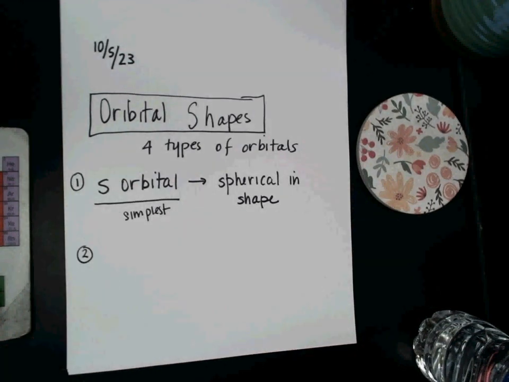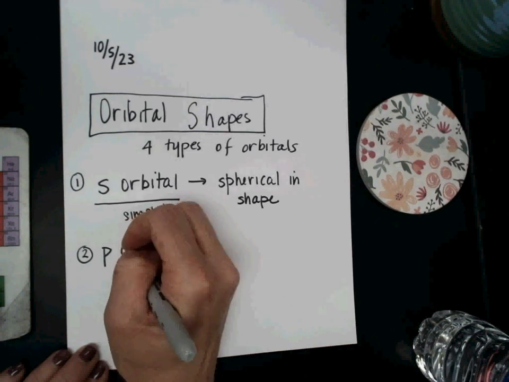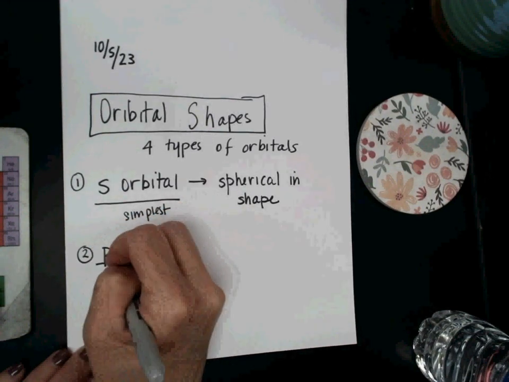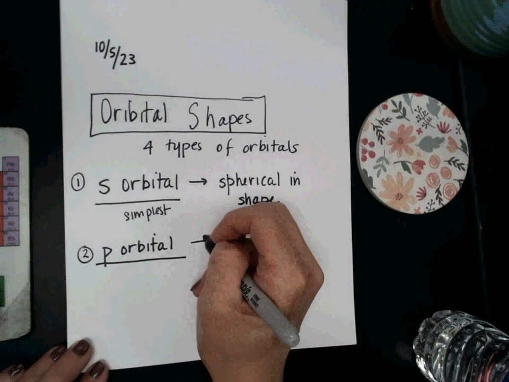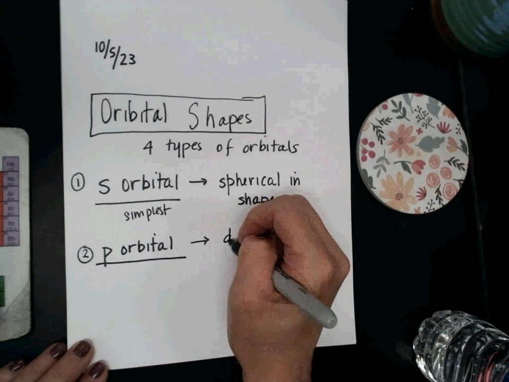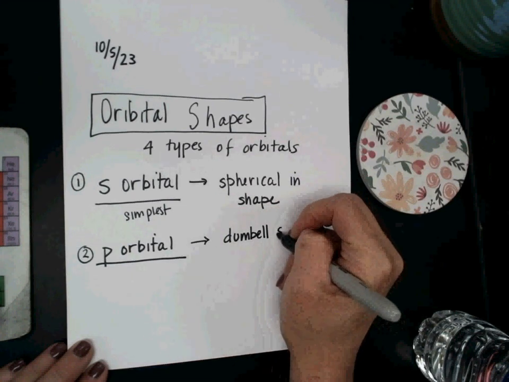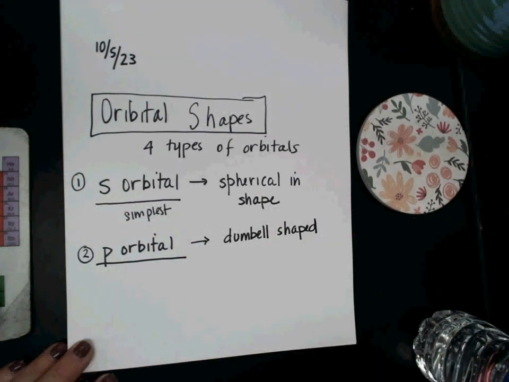The second one is called the p orbital. They call it, I don't think it looks much like this, but the books call it dumbbell shaped, like the little hand weights you would use.